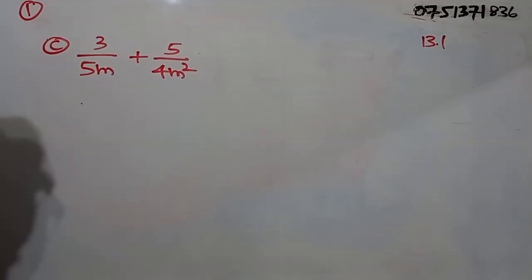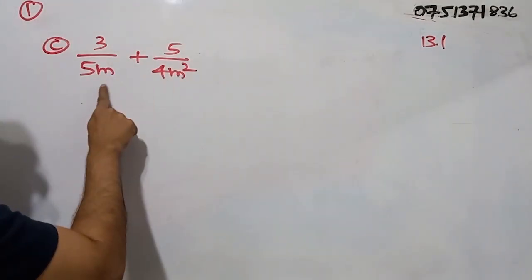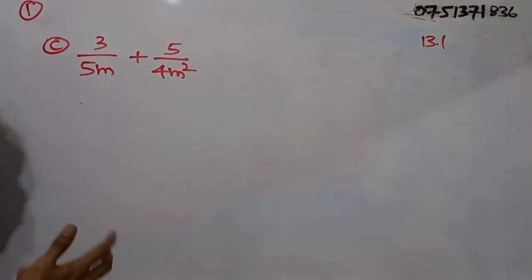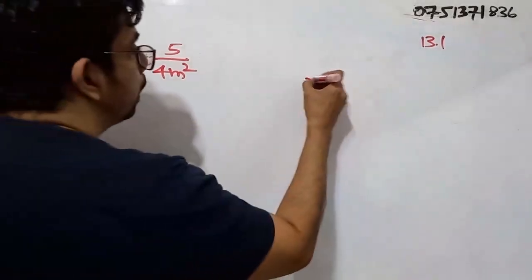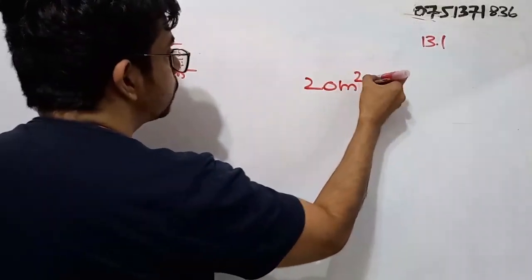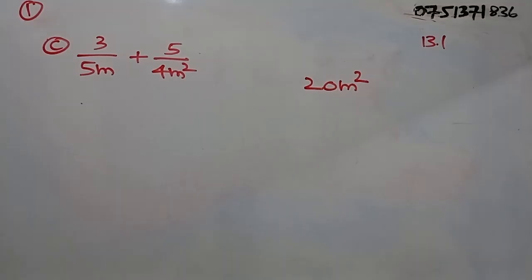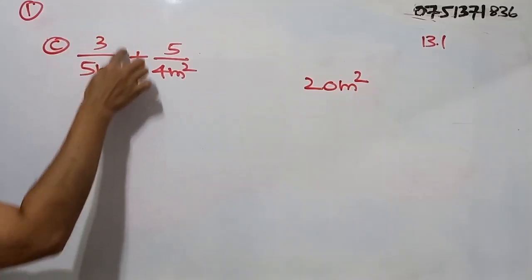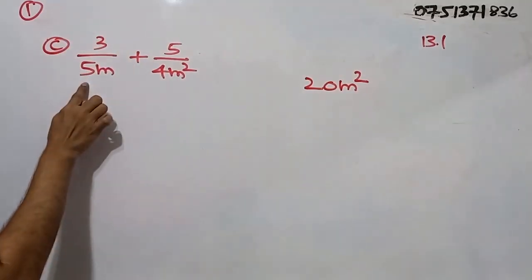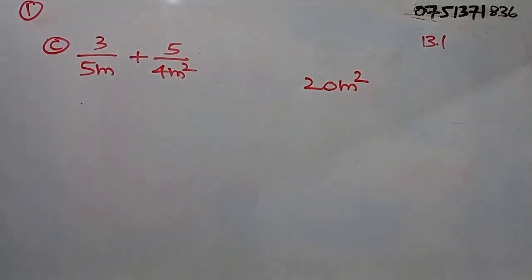Okay. So in the next one, denominators are different, right? So we need to come up with a least common denominator. So what will be the least common denominator? It will be 20m square. Right. Now we have to understand, in the next step, we have to convert the denominator of this fraction into what? 20m square.